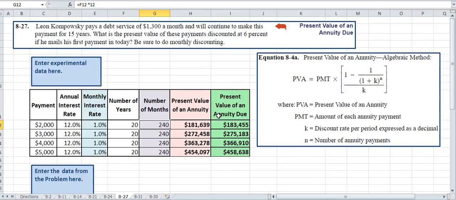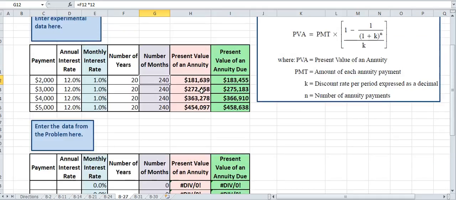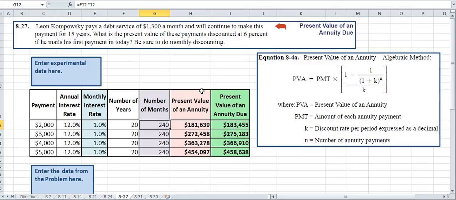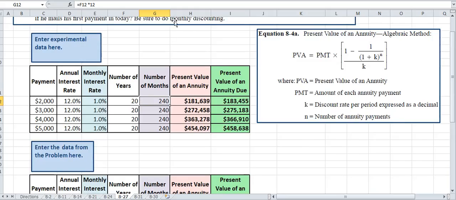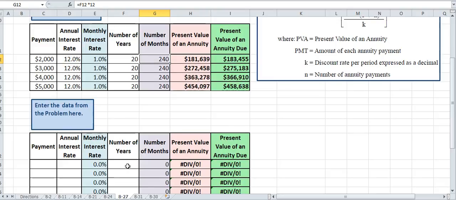So for the problem, you simply need to put in the numbers from the scenario in the first row right down here, and you should get everything you need. Put in your payment of $1,300. 15 years goes here.